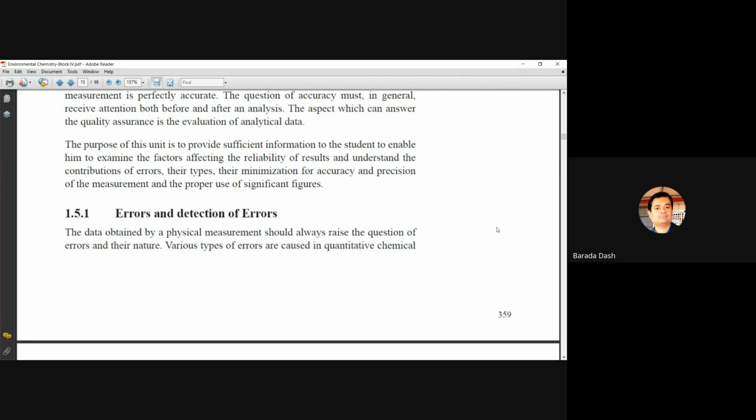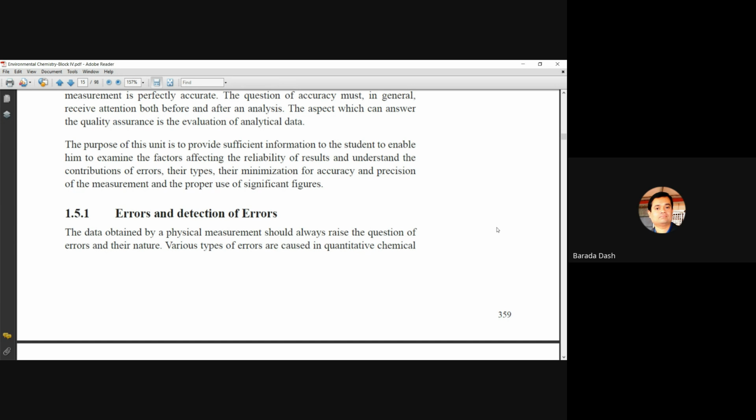First thing is, if we are using an instrument and an analytical technique for analysis of your substance or pollutant, then there is a possibility of error, either by human being, or by instrumental error, or by sample preparation error. Different types of error are possible because we are human beings working there. If we make a simple mistake there, that can lead to errors.